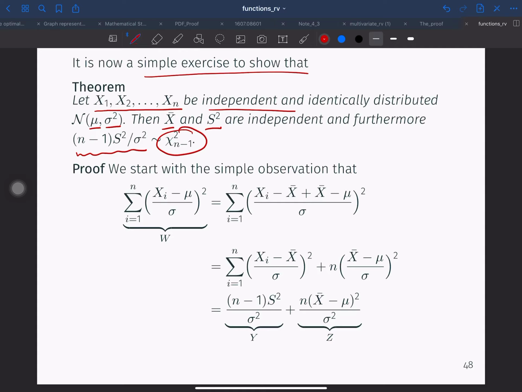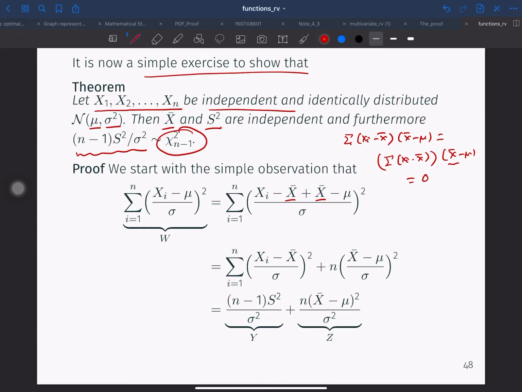So let's start with this simple observation. The summation i from 1 up to n of (xi minus mu) divided by sigma, squared. Add and subtract x bar to get this term. As we remember, the summation of (xi minus x bar) times (x bar minus mu) is equal to 0, because x bar minus mu is a constant you can move outside the sum.